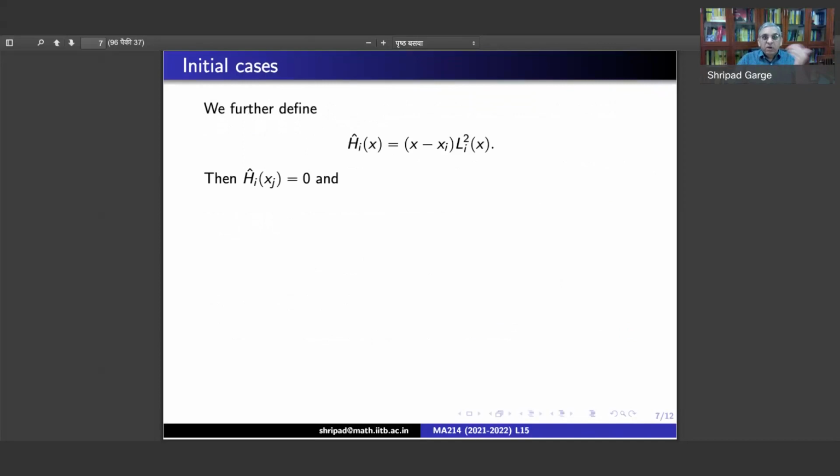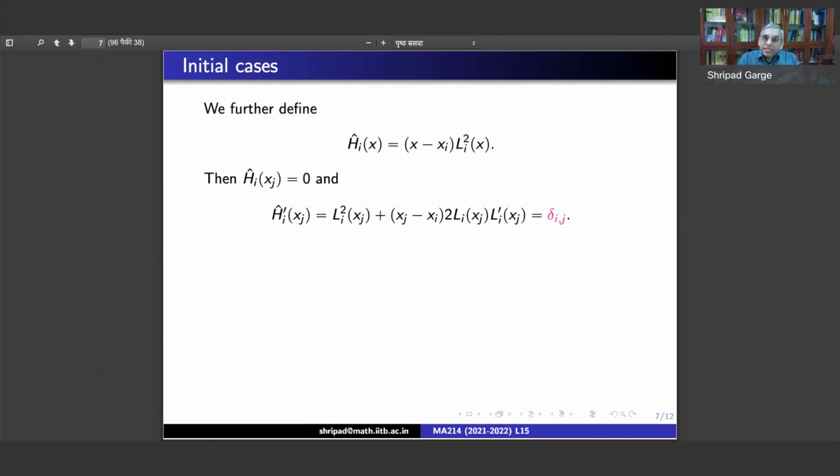And here if you compute hi hat on xj, it is 0 for any j, because for i not equal to j, li square will give you 0, and for i equal to j, this linear factor will give you 0. And if you compute the derivative, then you see that it is equal to delta ij. So we now have solved the 4 special cases of our problem.